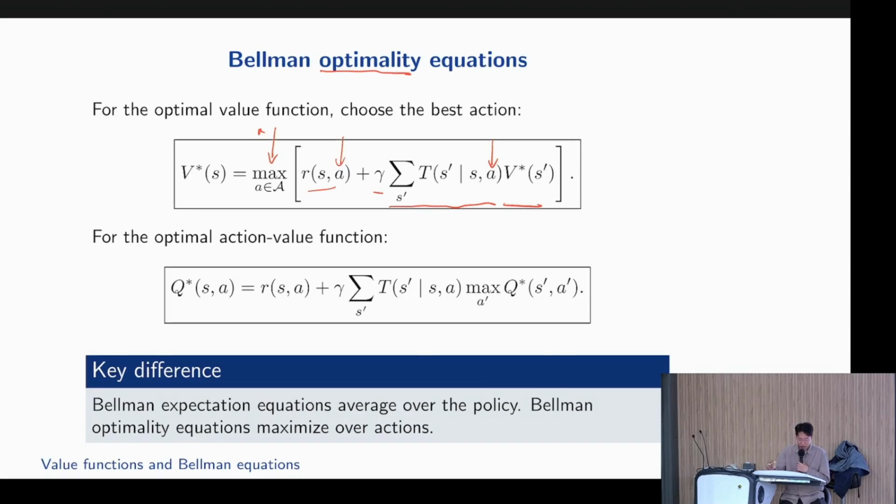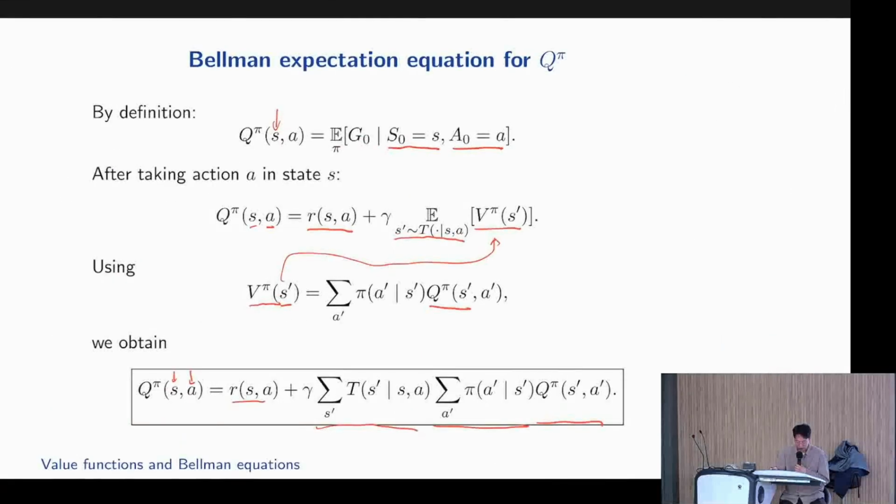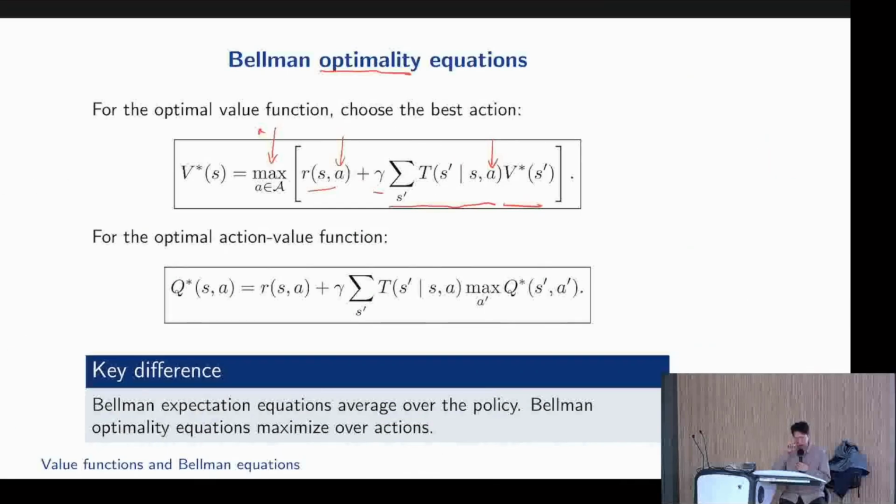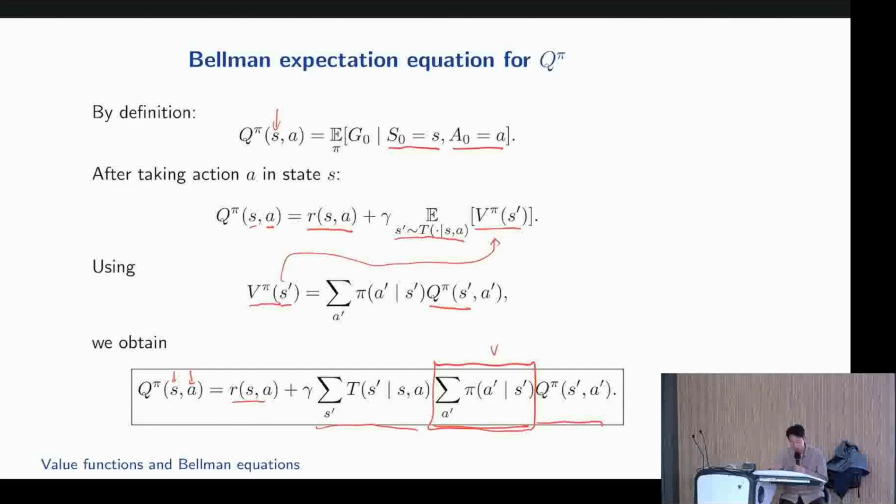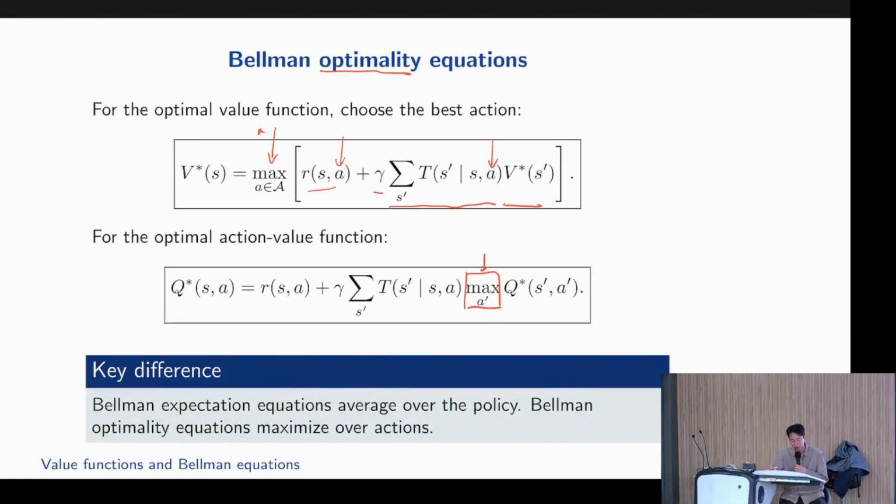Same thing for the Q star. Let's compare this to Q pi. Here, we took the expectation under pi, but here, by optimality, we're supposed to act optimally according to the Q. So the different part here is that the expectation under the policy has switched to an argmax.